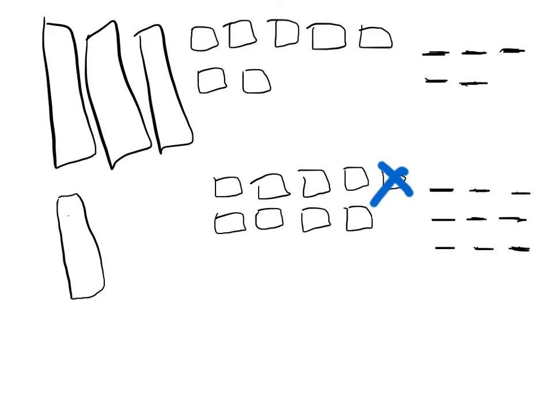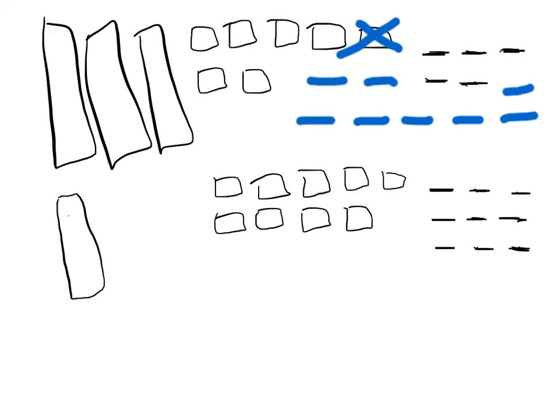Oh, incorrect. What did I do wrong there? I need to actually X out this box and add 1, 2, 3, 4, 5, 6, 7, 8, 9, 10 thousandths in this place at the top.